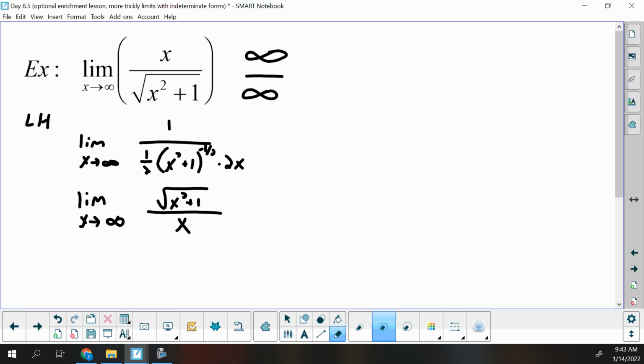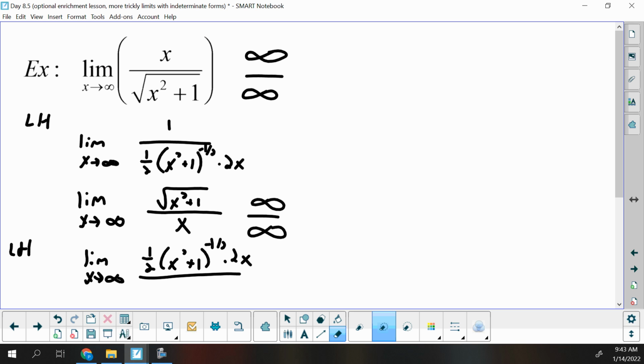So if we evaluate again, we're going to get huge over huge. Let's do L'Hopital's again. So this will be 1/2 x squared plus 1 to the negative 1/2 times 2x all over 1.